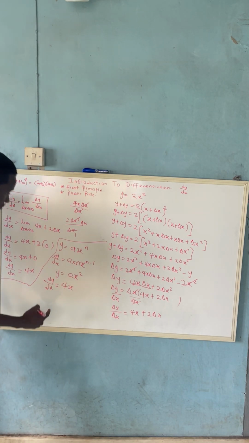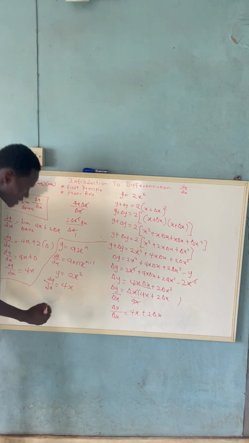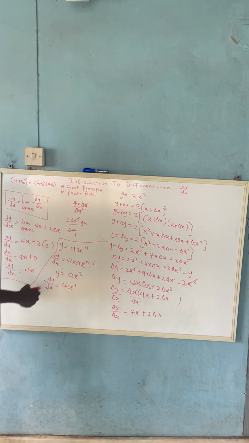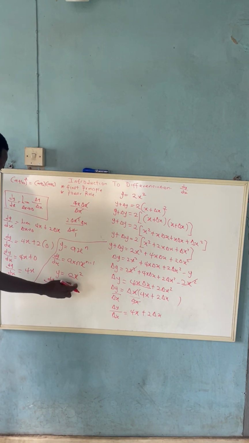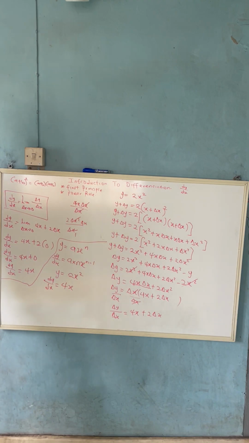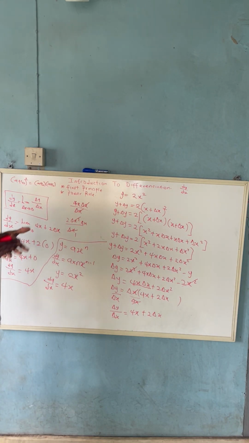We will repeat the x. Let's remove 1 from the power. 2 minus 1, that's going to give us 1. So we know that 4x raised to the power of 1 is the same thing as 4x. So that's the answer. What do you notice? In less than 2 seconds, we get our answer, 4x. So this is how to solve differentiation using the first principle and using the power rule.